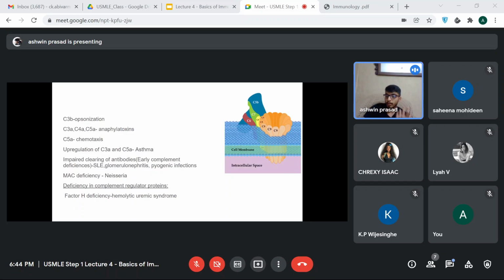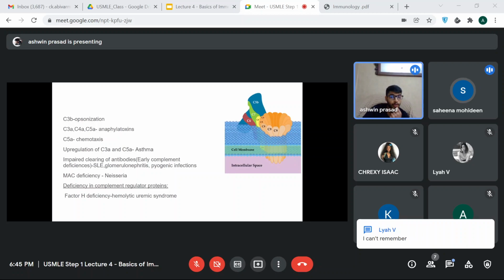There were two, one interleukin and one leukotriene. Okay, it was interleukin 8 and leukotriene B4. So with that, add C5a also, and these three are really important for neutrophil chemotaxis.